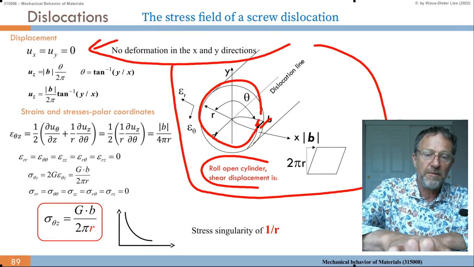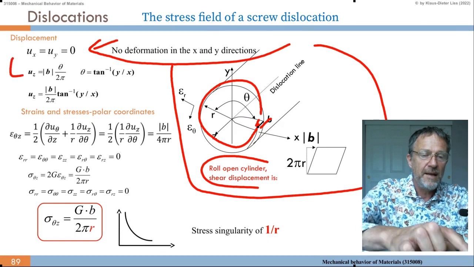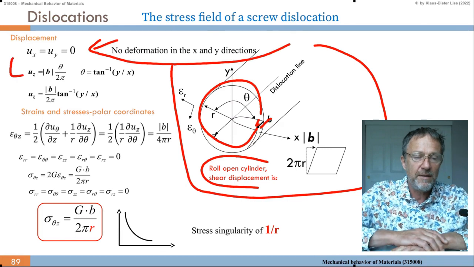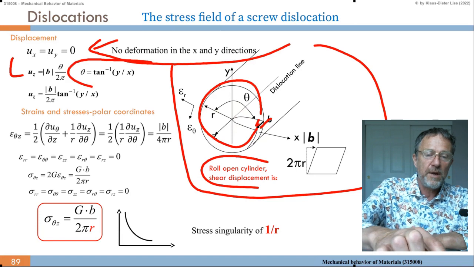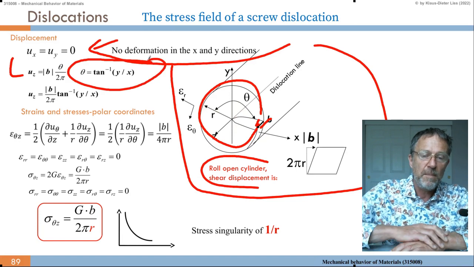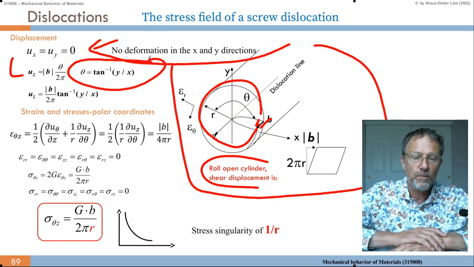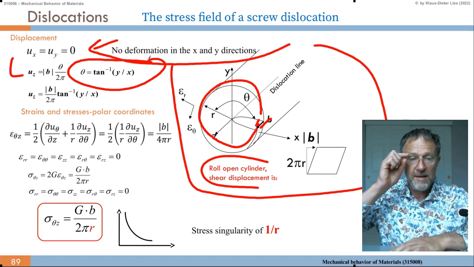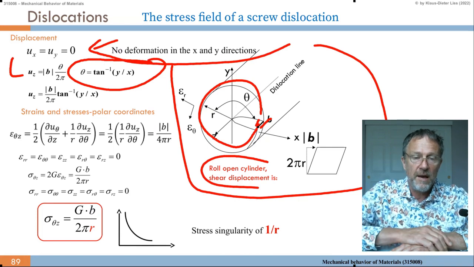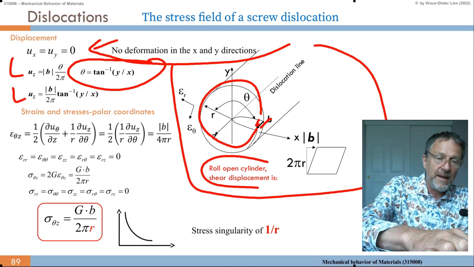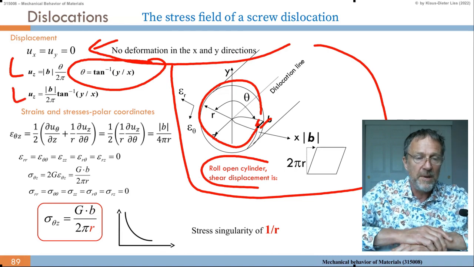So we have no deformation in the x and the y system. As mentioned, uz equals b times theta over 2 pi, and now we can express theta by the x and y coordinates in Cartesian coordinate system, and then theta is tangent to the minus 1 y over x, and uz becomes b over 2 pi tangent to the minus 1 y over x, arctangent y over x.